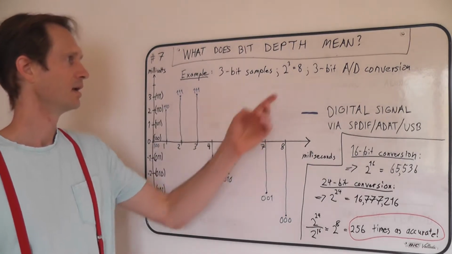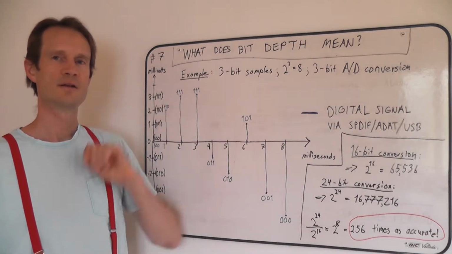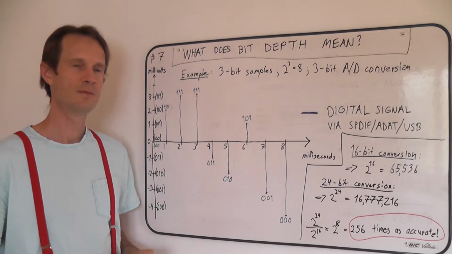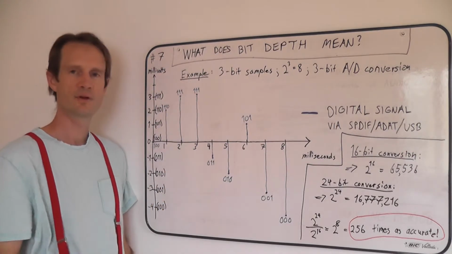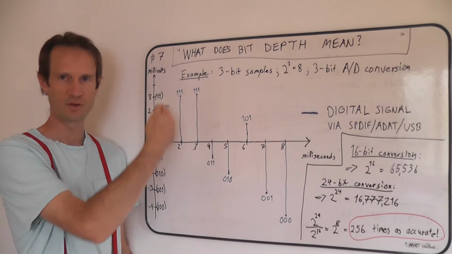And as I said, a 3-bit A to D converter would give you 8 different amplitudes or signal levels that you could encode.